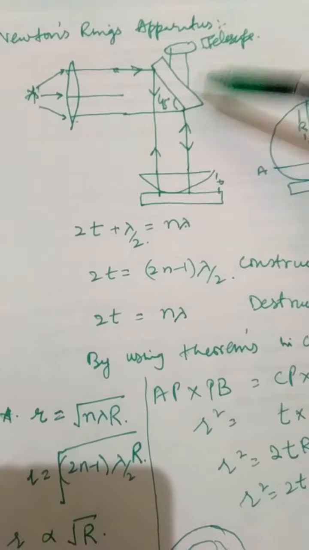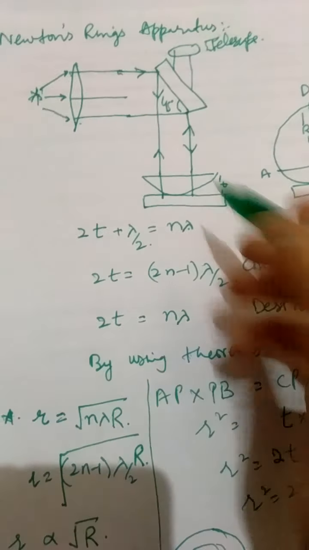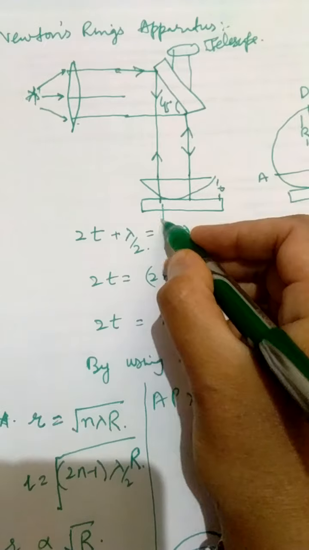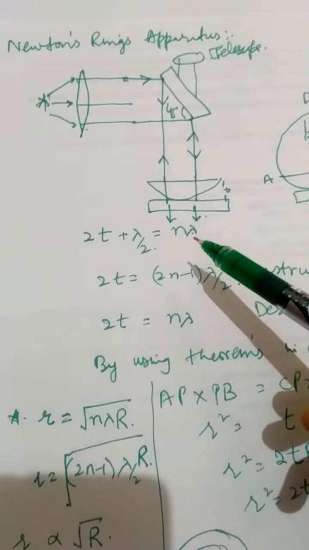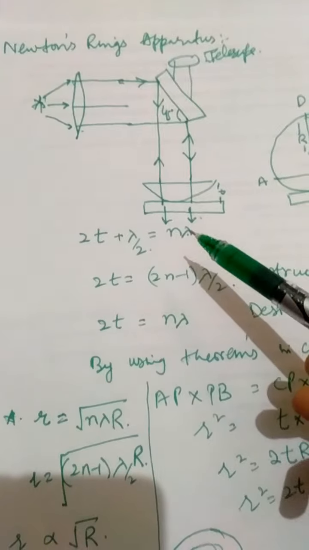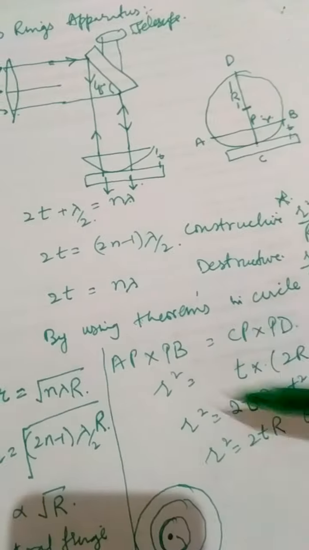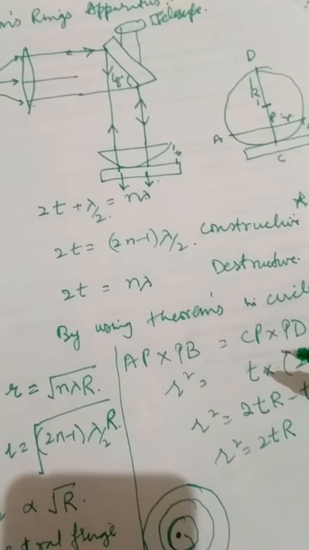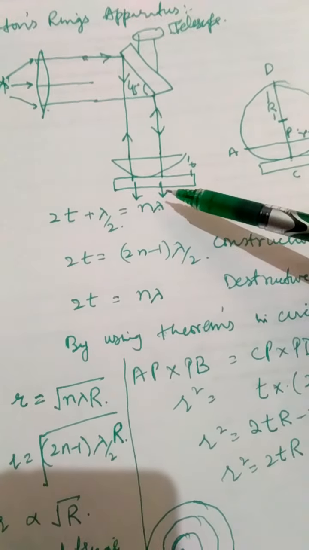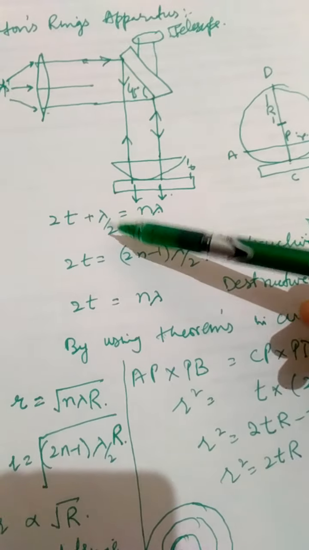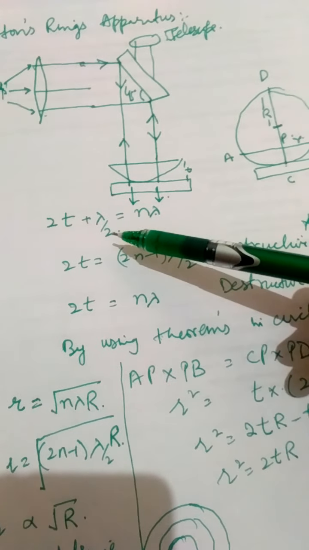reflected from the system. Now remember that there is also a part that is transmitted. And if you see the pattern of fringes in that transmitted pattern, you will see that the scheme of derivation is the same, right? The only difference is that since reflection is not involved, this path difference of lambda by 2 will not be introduced.